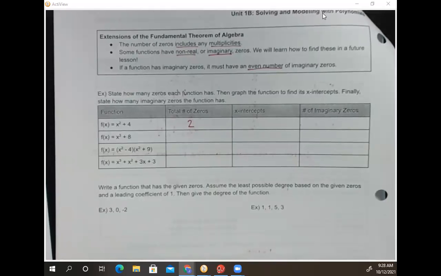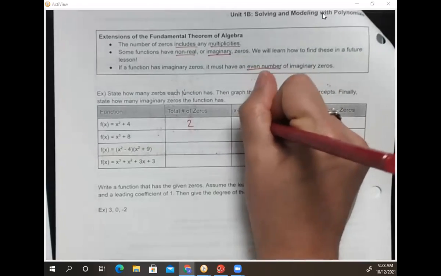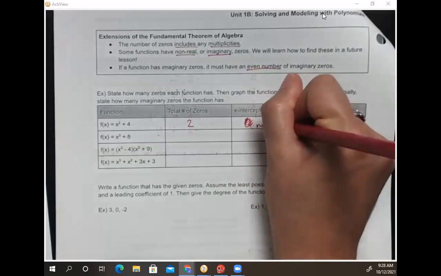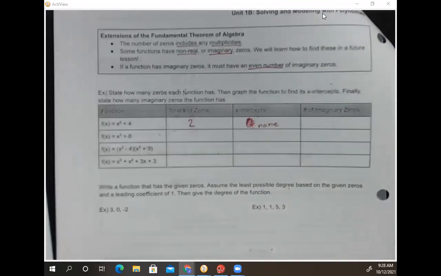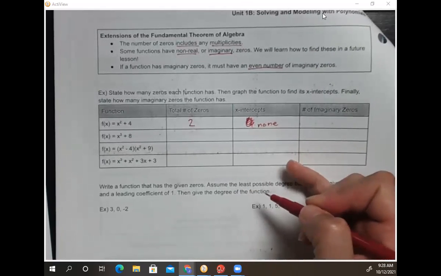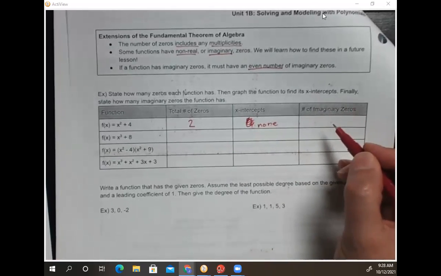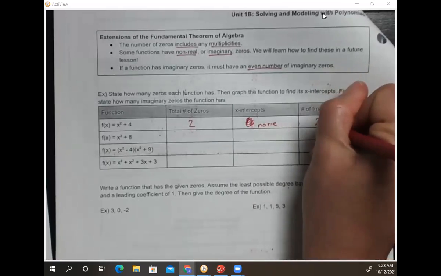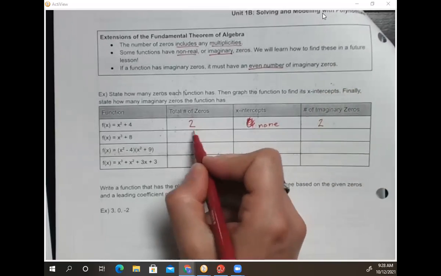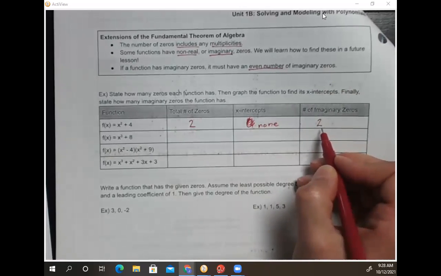None, right? You shouldn't see any x-intercepts for this one. Actually, I'm going to write none here instead of putting 0, because then that looks like 0 is an x-intercept. I don't want us to be confused. So x-intercepts, none. So that must mean if I don't see any x-intercepts, the rest of my zeros are what we're going to call imaginary zeros. So there have to be 2 imaginary zeros then. If I know there should be 2 total, none of them are x-intercepts on the graph. That means I have to have 2 imaginaries.